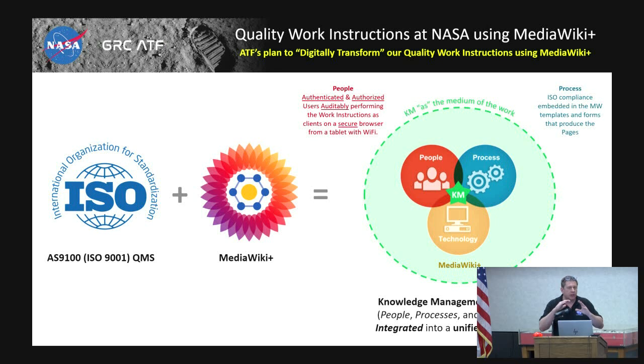We've turned knowledge management not into another fourth activity that has to be done after all the work is done, but we've basically said that the work of doing the work instruction happens within the medium of knowledge management itself, so that the information is always in the right place. It's always available to the right person at the right time.